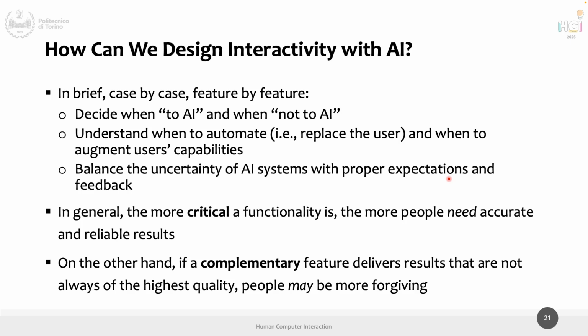Complementary functionality could be of lower quality. Okay, but again, especially for the third topic, keep in mind: when to use AI and when not to, what to automate and what to help people do, and balancing with expectation, especially on the things that you have to do. Okay? Any questions?